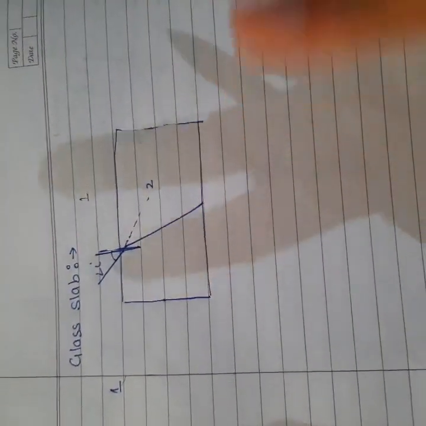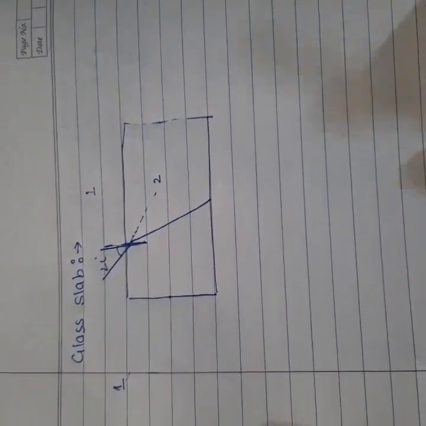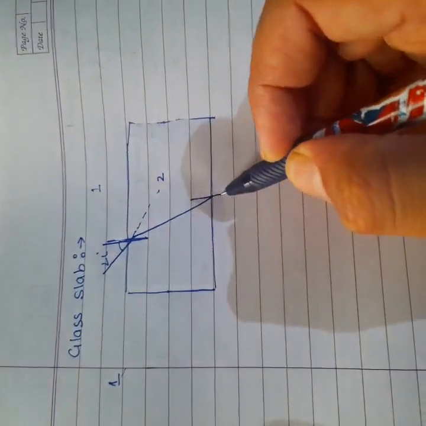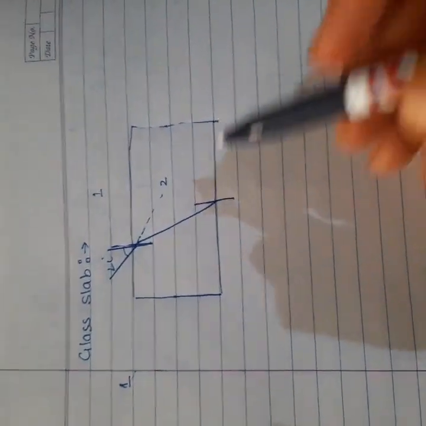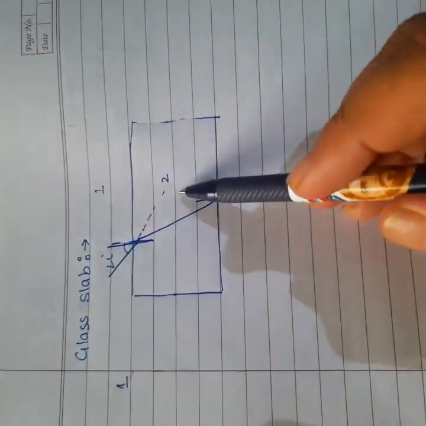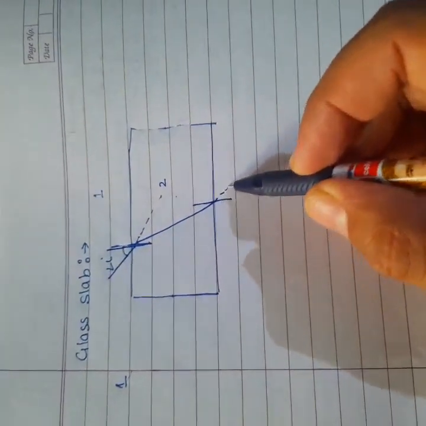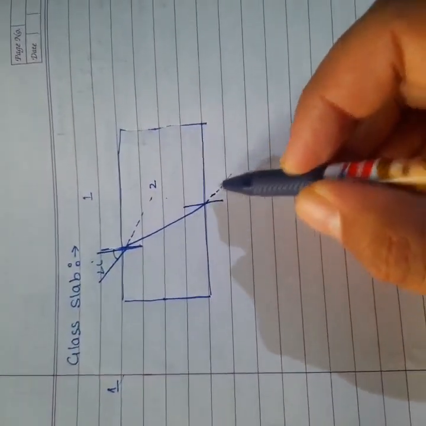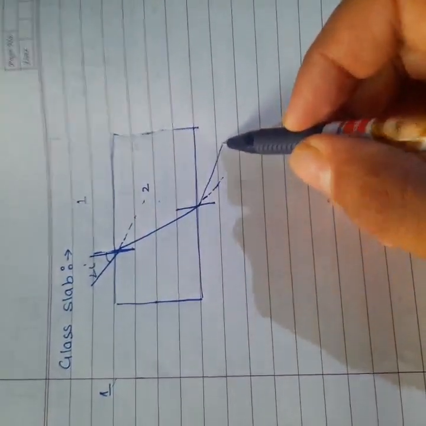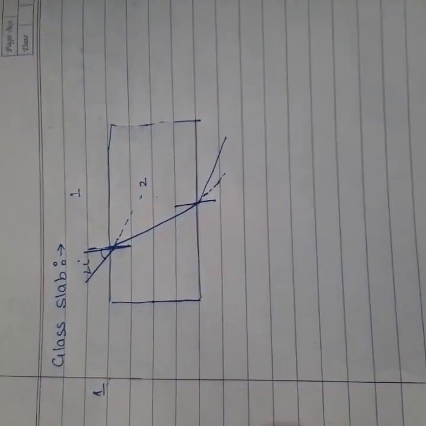Now again you are getting a two medium condition, this is the denser medium, this is the rarer medium, then you have to draw the normal again. Light travels from denser to rarer, so it should move straight, but it will not follow this path, it will move away from the normal like this.